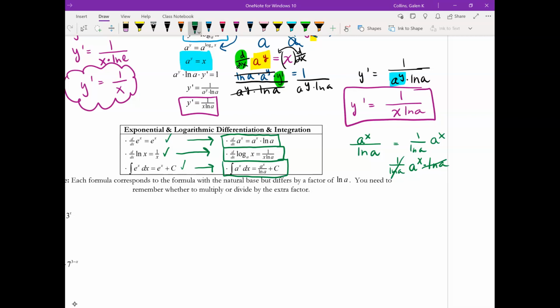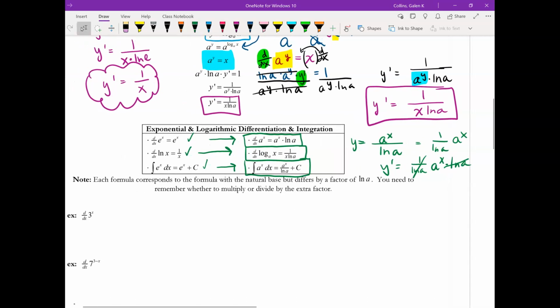So if y is a to the x over the natural log of a, and the derivative of that is a to the x, then it stands to reason that when we integrate a to the x, the antiderivative is a to the x over the natural log of a.